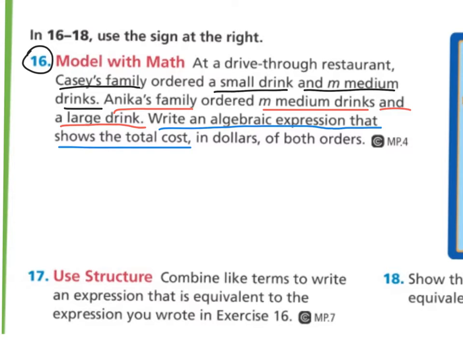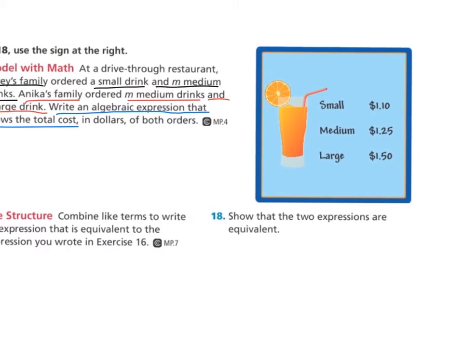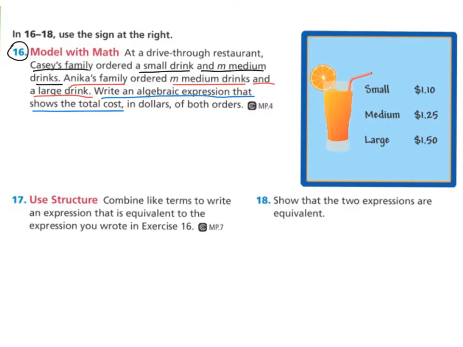Okay, so we got the two different families. We're going to combine the costs together. So for Casey's family, a small drink and M medium drinks. So we can see the small drink would be $1.10. So for Casey's family, I'll put in using black here.